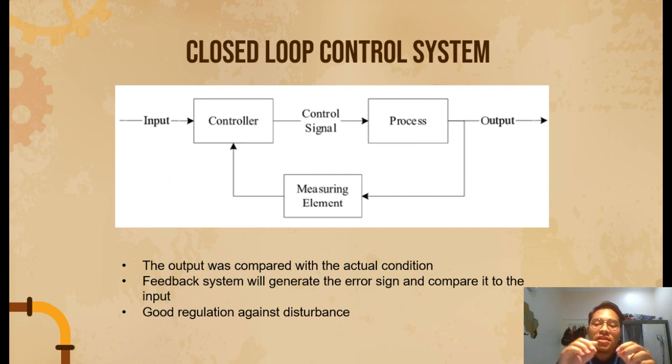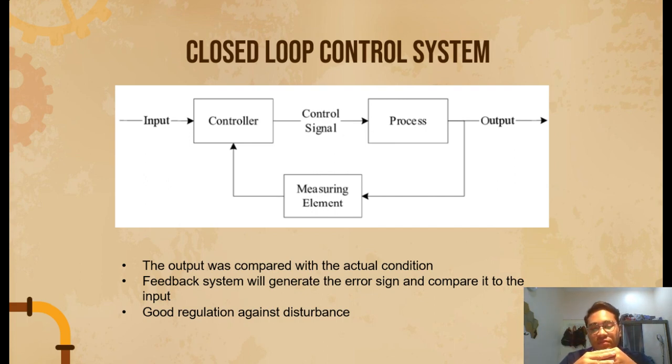The output will be taken from the process, go through the feedback structure, and be compared to the input. If it detects an error, which means it's different from the input given, it has a system that will correct itself. So the output will be just fine and not wrong, because the feedback system can detect the error and repair itself.